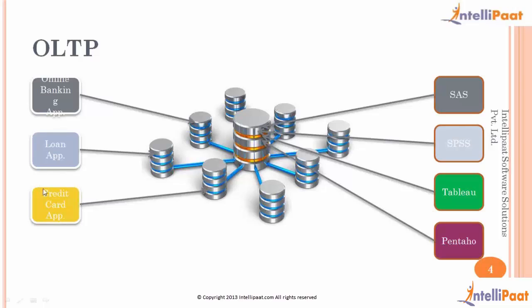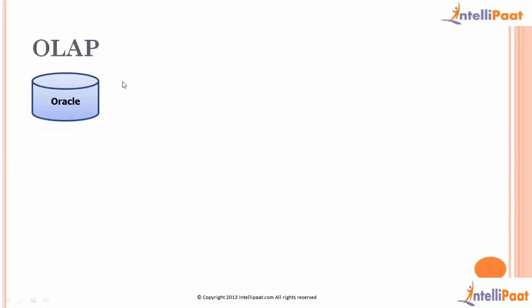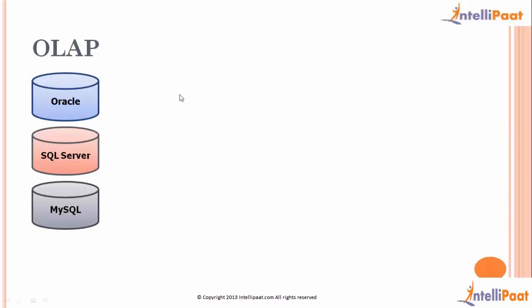So this application will become slow. That's the reason we don't put all this kind of reporting and analytical system directly on the OLTP system. What we do is we put all these things on the OLAP system. OLAP in the sense, you can say data warehouse system.